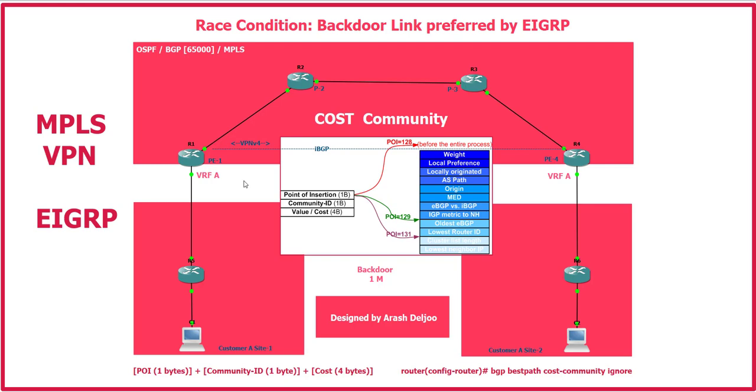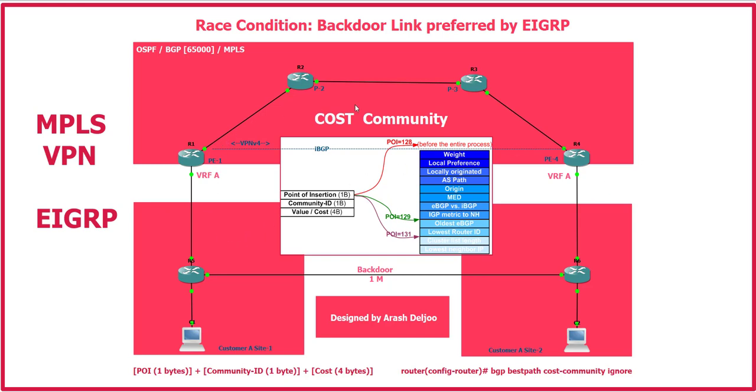But in some cases maybe we use another link directly between the two customer sites, and we call it a backdoor link. Backdoor links in most cases should be used only when the MPLS layer 3 VPN link has failed.